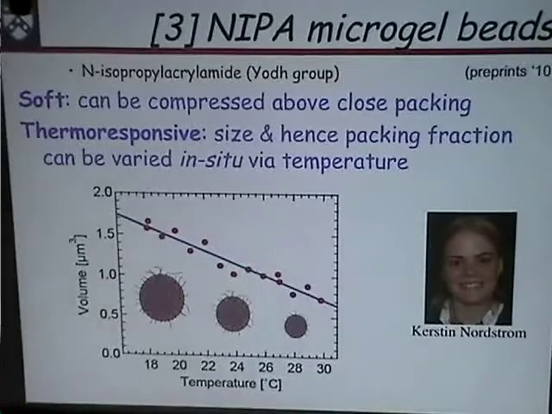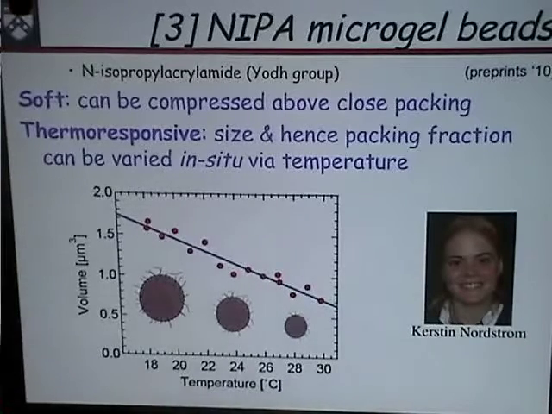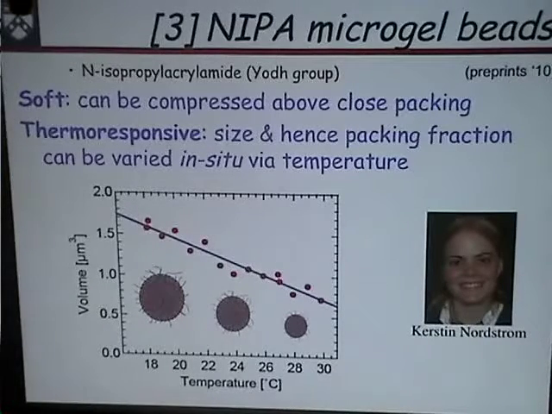The cool thing about these is that they're soft, so they can be deformed. I can demonstrate pretty convincingly that when you squash them together, they don't deswell. They deform at constant volume. They're essentially incompressible, but they're soft enough that we can put them above jamming.